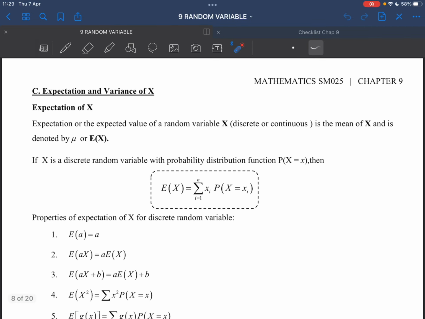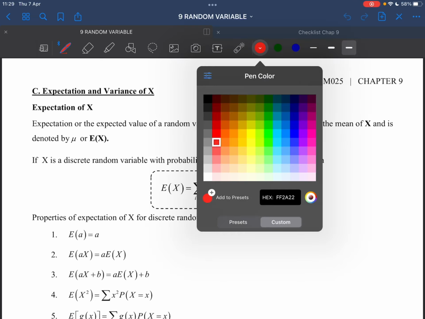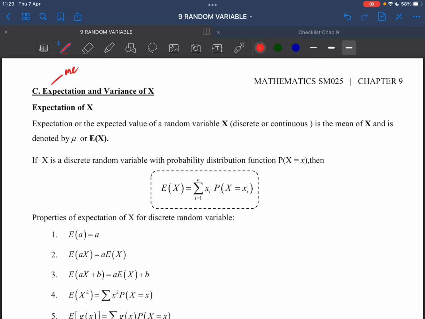Sometimes the question will say mean, sometimes expectation, or sometimes something like expected value. Expected value is also the same as expectation.